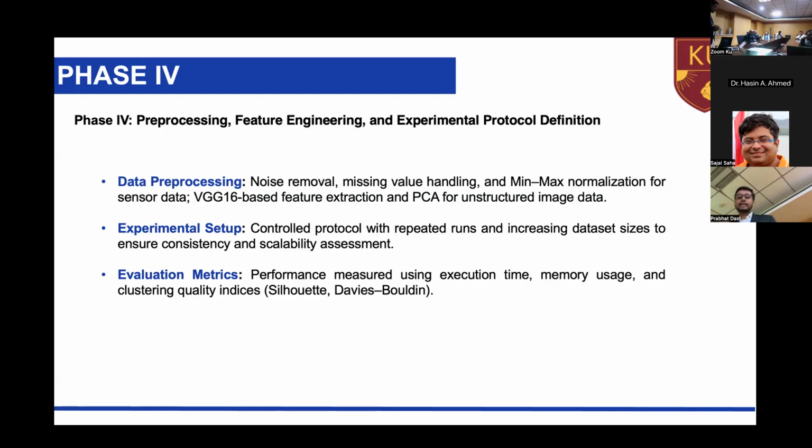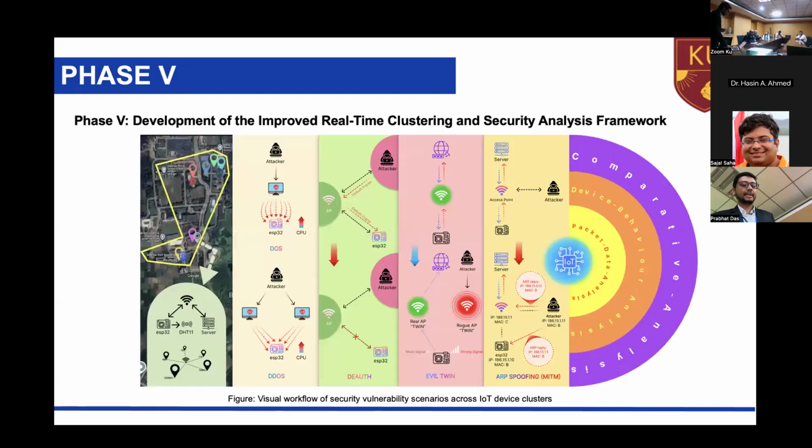Again, we decided the evaluation metrics that we are going to use, such as execution time, memory usage, and cluster quality indexes such as the Silhouette and Davies-Bouldin index, also known as the DBI index.